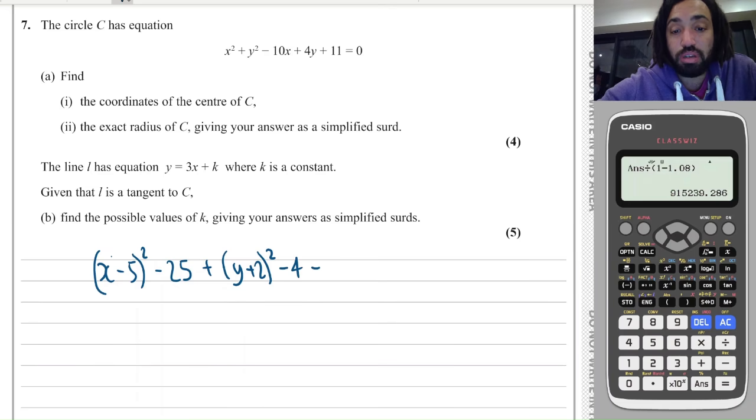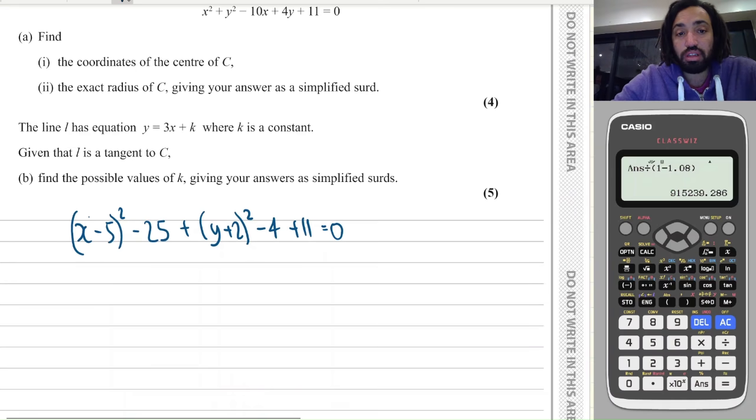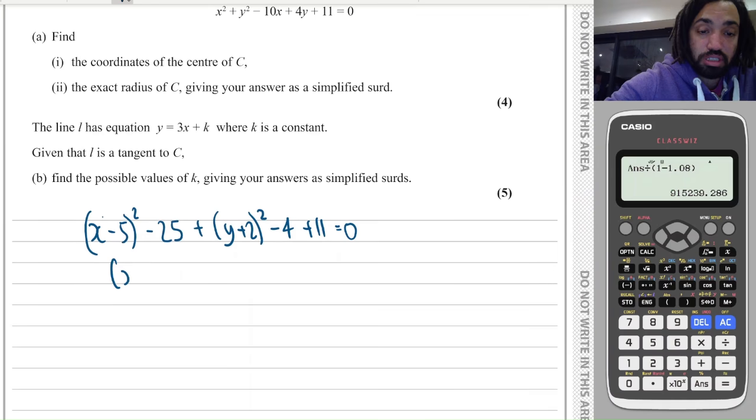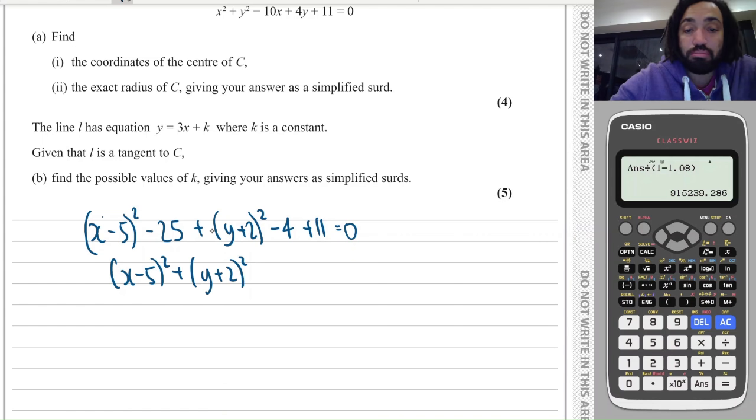And then we've got plus 11 equals 0. So this is x minus 5 squared plus y plus 2 squared, and minus 29 plus 11 is minus 18. So move it to the other side is 18.